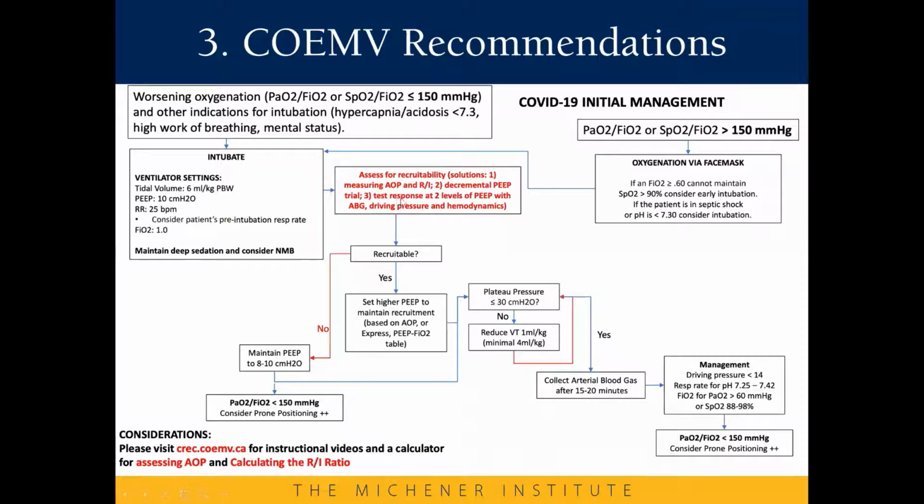You can also test at 2 levels of PEEP. So whatever your hospital and your practitioners are comfortable with, so long as we're assessing that the PEEP is adequate and not excessive, and it's not impacting hemodynamics, that's what they want to look at. You also want to keep an eye on driving pressure, which we'll be talking about, and we'll also be looking at ABGs.